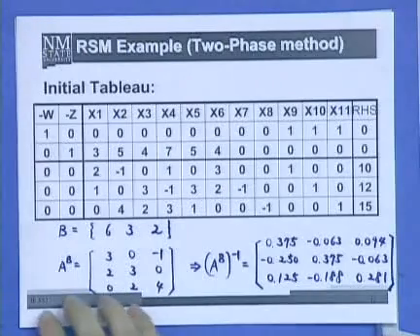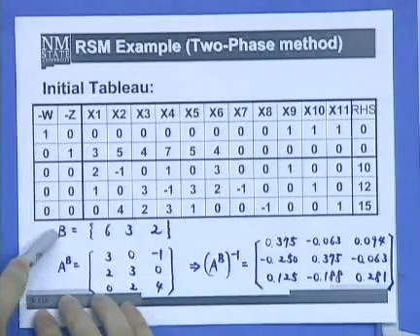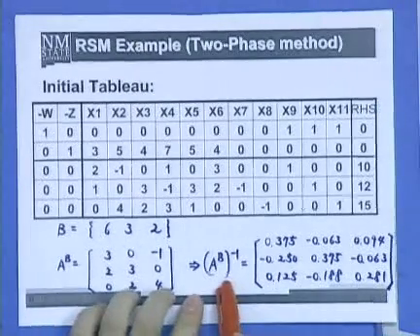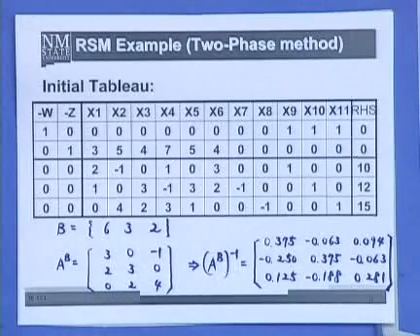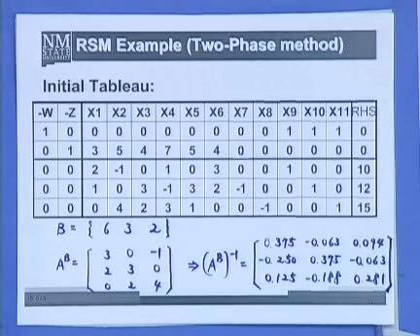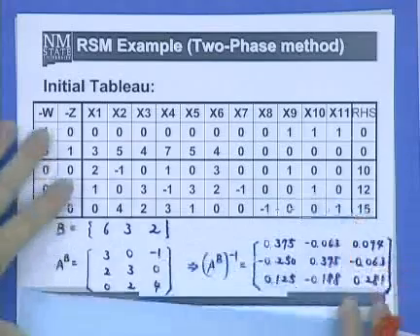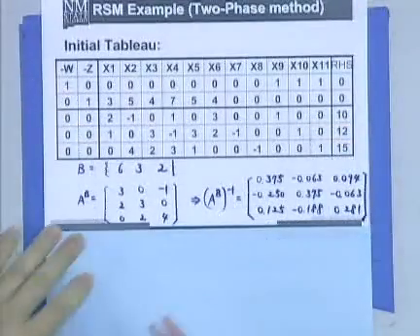So we have the initial tableau, of course, and the new basis set, which is 632, and the new basis inverse matrix, right?